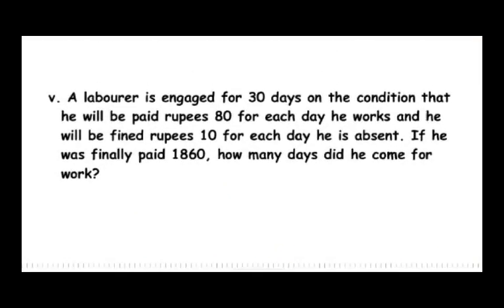Last sum of the day, children. A laborer is engaged for 30 days on the condition that he will be paid rupees 80 for each day he works, and he will be fined rupees 10 for each day he is absent. So in these 30 days, there are days that he is going to work and days that he is going to be absent, which will make up the 30 days.